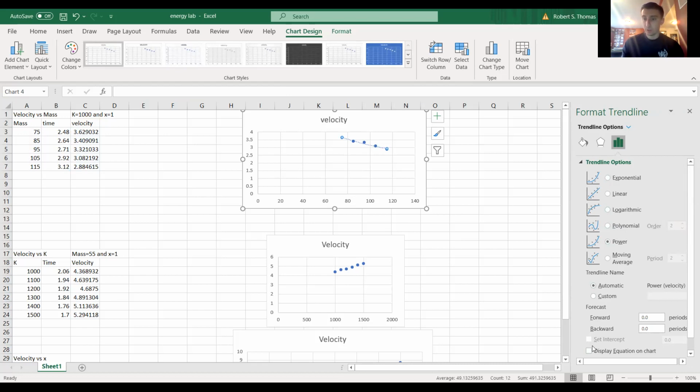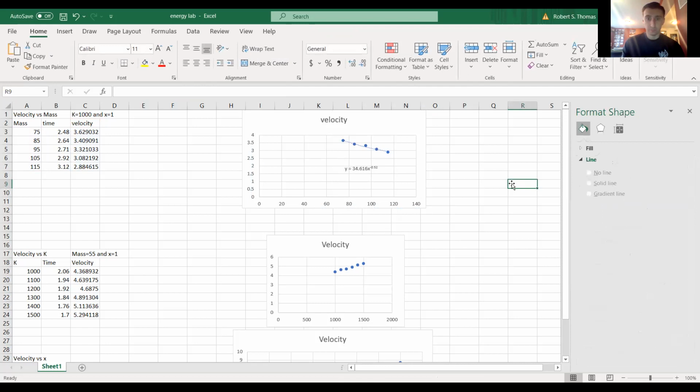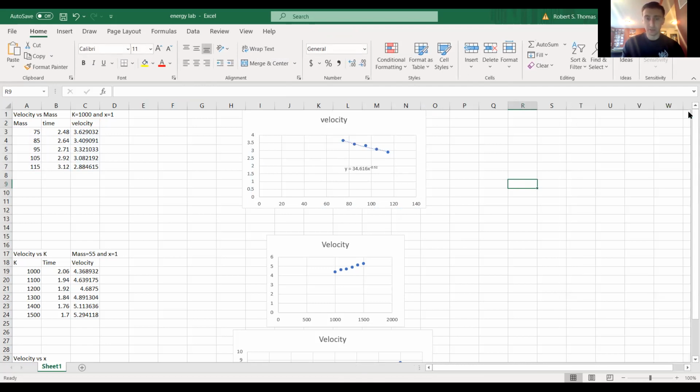And then what I want to do is display equation on the chart. And then I'm good to go. So I just basically showed you which one's nonlinear. Hint, hint. So you're going to have to probably linearize this one.